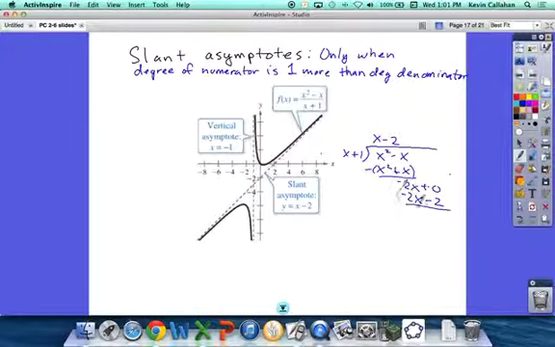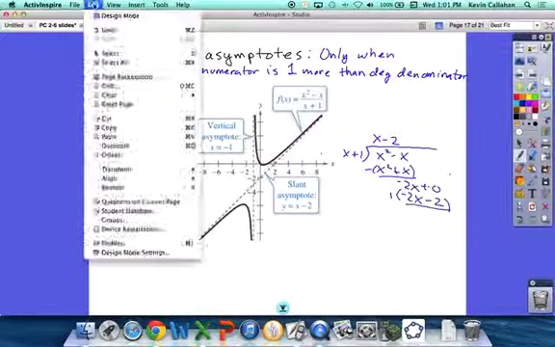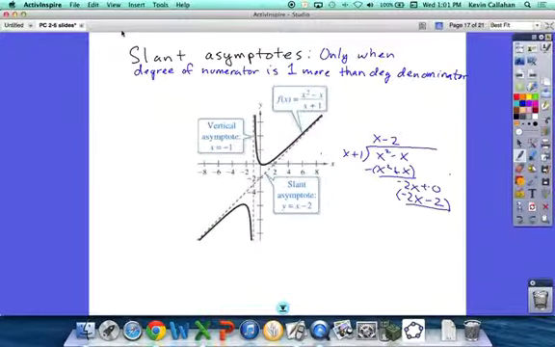So I subtract, and I get, that was a sloppy move. Subtract, and I get positive 2. So this fraction equals x minus 2 plus 2 over x plus 1, right? That's the remainder divided by the divisor.